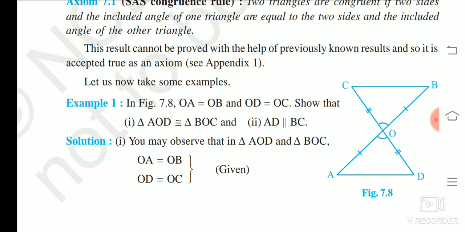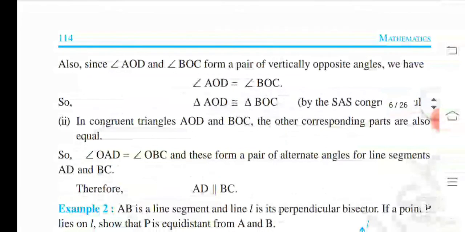So otherwise AOD congruent to COB, it's not a proper way to say whether these two are equal or not. So just remove this. Now these two are equal, congruent, right? Now these two triangles are congruent.